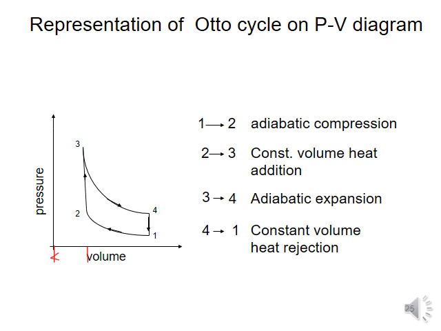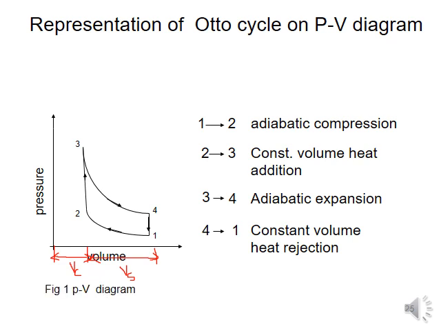I am representing it with V suffix C. The volume from 1 to 2 is the swept volume, representing the cylinder volume, pi by 4 d square L. Total volume is Vs plus Vc, where Vs is the swept volume inside the cylinder, and Vc is the clearance volume.